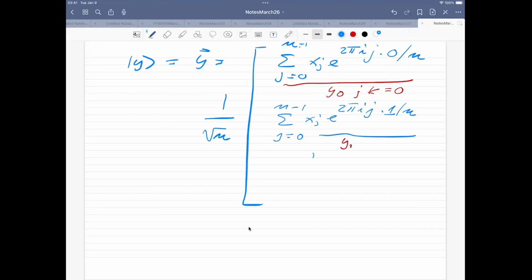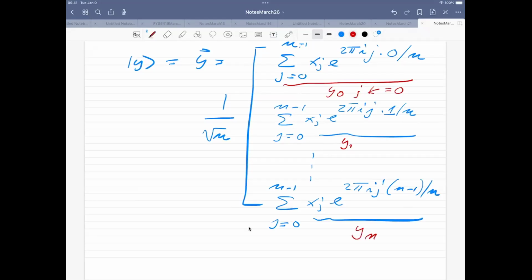And this continues all the way down to the last term, where we have j equals 0 to n minus 1, and then xj of e to the 2 pi i times j times n minus 1 divided by n, because that's the last term. This term is what we would call y of n minus 1. So this would be k equal to 1, and here we would have k equal to n minus 1. Then we close here.